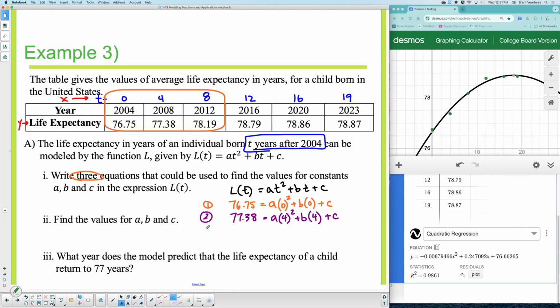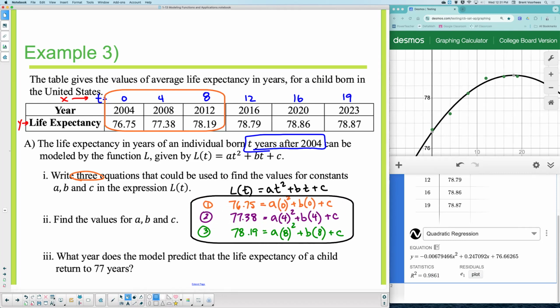And finally, my third equation. 78.19 equals A times 8 squared plus B times 8 plus C. That right there would be your answer to part A. Those are your 3 equations. Your first point comes just by plugging in values. That's how you get your first point.